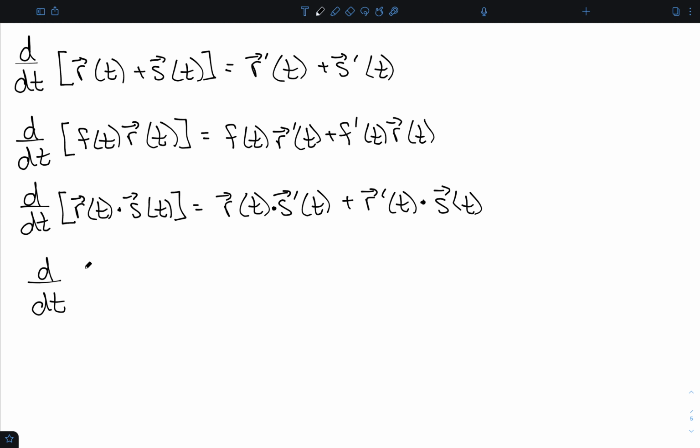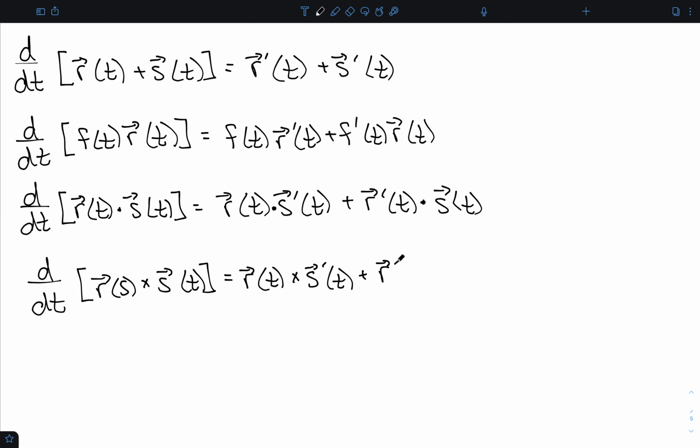The other type of product I could look at is a cross product, r of t cross s of t. And it turns out this also follows the product rule: r of t crossed with s prime of t plus r prime of t crossed with s of t.